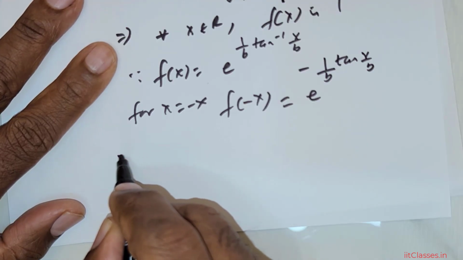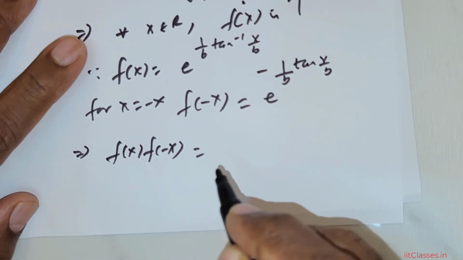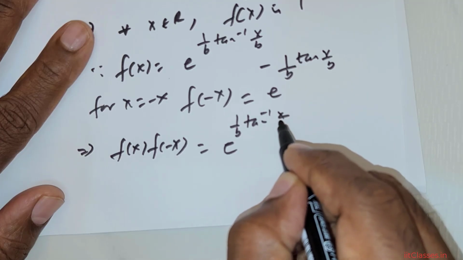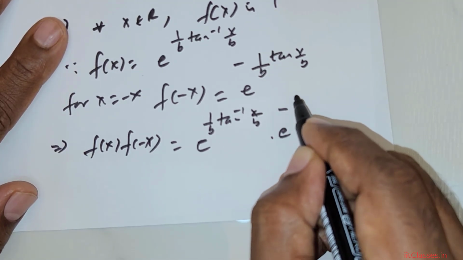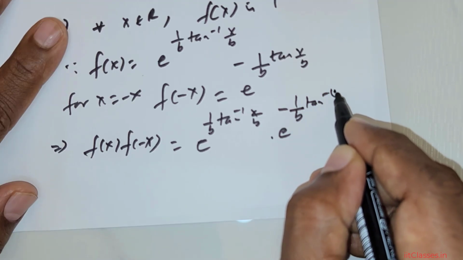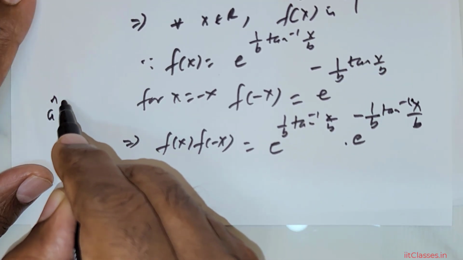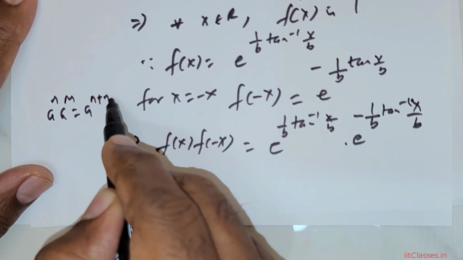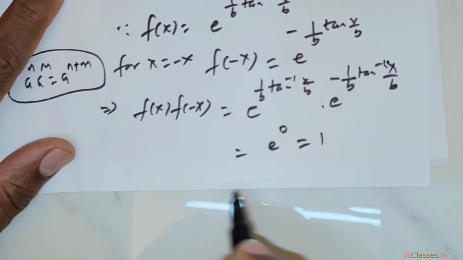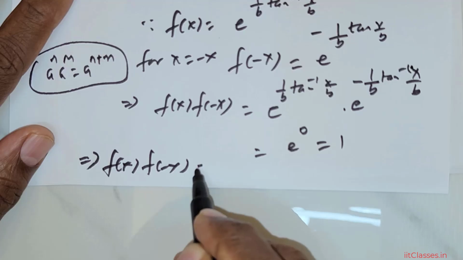So if I were to multiply f of x times f of negative x, that would give me e raised to the power of 1 over b tan inverse of x over b times e raised to the power of negative 1 over b tan inverse of x over b. Now a raised to the power of n times a raised to the power of m is a raised to the power of n plus m. So in this fashion you will get e raised to the power of 0, which is equal to 1. This in turn would mean f of x times f of negative x will be equal to 1.